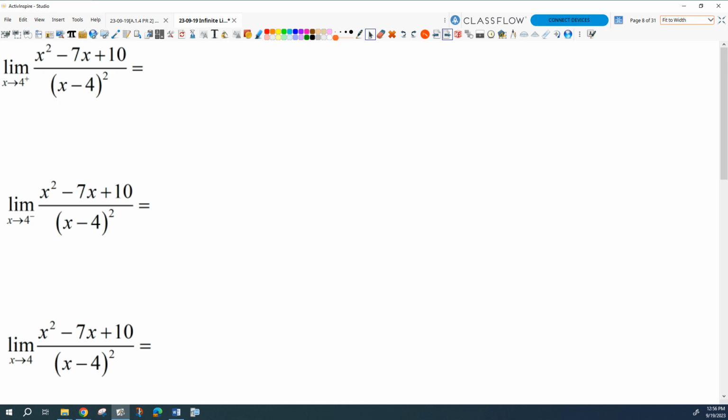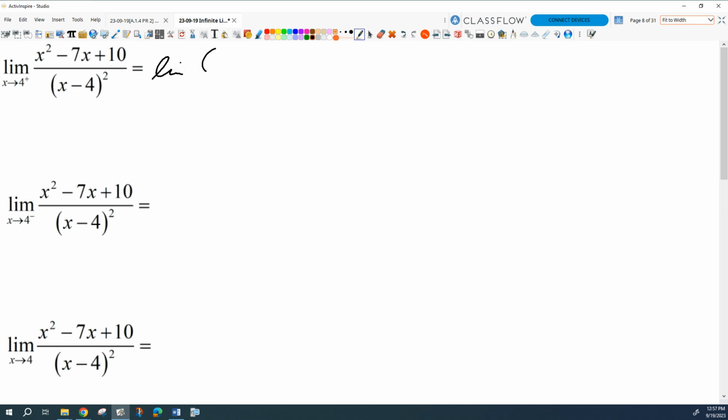One thing that I think is helpful to do is, if these things are easy to factor, it's easier to evaluate functions that are factored than functions that aren't. Because you were going through the process right there of plugging in 4, and I got to find the value of each term and then add them all up, right? Does the top factor? Are there numbers that multiply to positive 10 and add to negative 7?